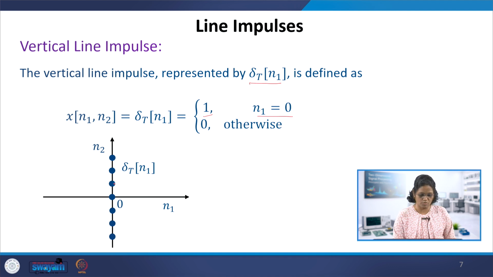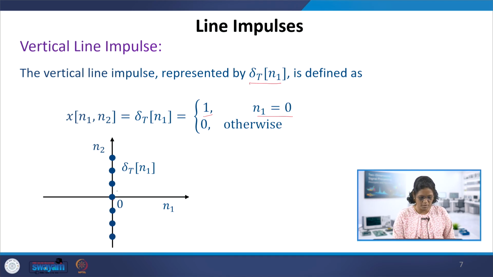n2 can be 0: this is n1 is 0 and n2 is 1 here, n1 is 0 and n2 is 2, n2 is 3, and so on. And similarly here n1 is 0 and n2 is -1, -2 and -3. So in this del of n1 comma n2, n2 can take any value from -infinity to +infinity, but n1 is 0. So that is the impulse.